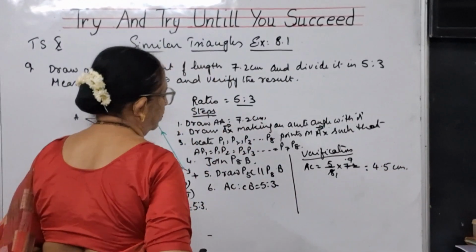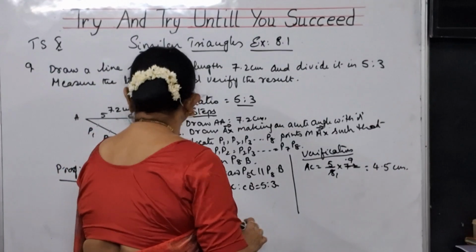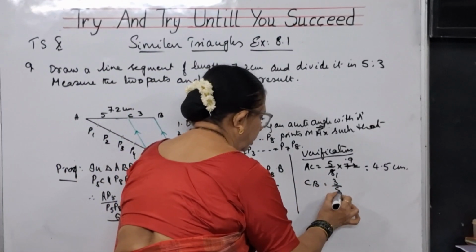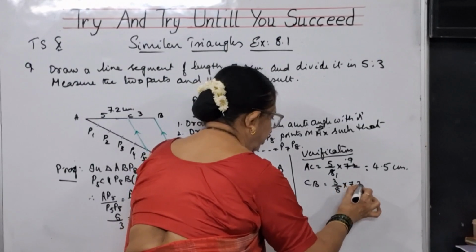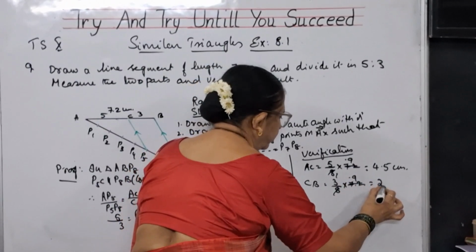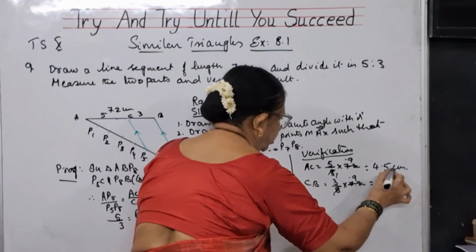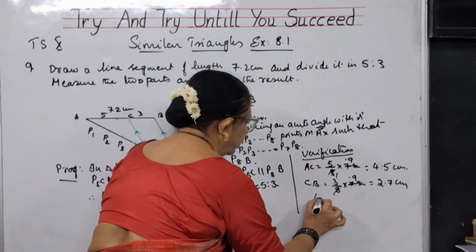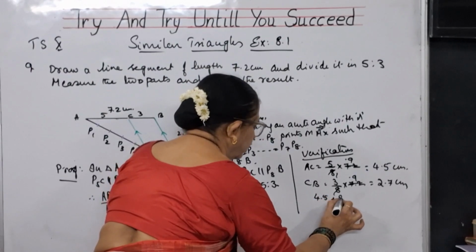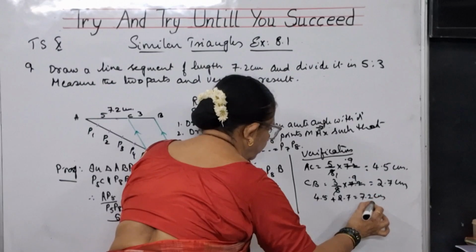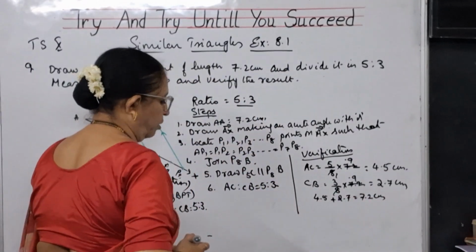You should get AC as 4.5 centimeters and CB is equal to 3 by 8 into 7.2, 0.9 into 3, so 2.7 centimeters. If you add, you are getting 7.2. You see, 4.5 plus 2.7 is equal to 7.2 centimeters. This is what is verification.